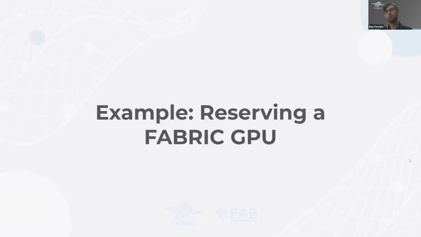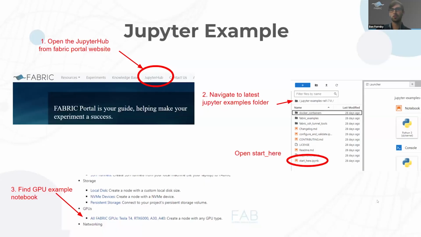Now I will walk through a Jupyter Notebook tutorial on how to reserve a GPU on Fabric. This tutorial is, again, part of the JupyterHub that Fabric has, which you can access through the Fabric Portal website.